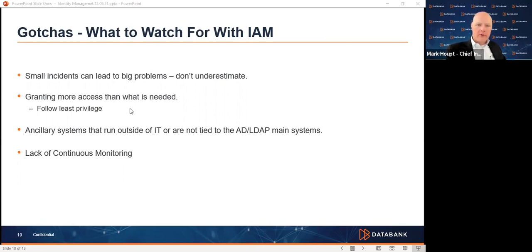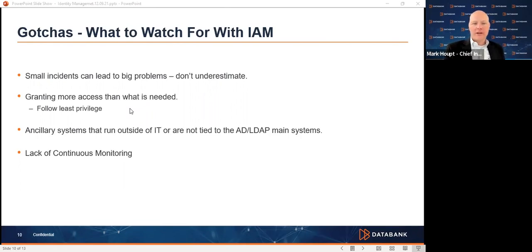Be careful that you're not granting more access than what is needed. Follow the least privilege model. That's the model where it says, hey, I can only access the things that I really need. A lot of times companies will try and do that, but then over time it leads to too much access. Somebody changes roles. They may be working on a particular project and then move on to a different project, and the access from the old project has never been removed.